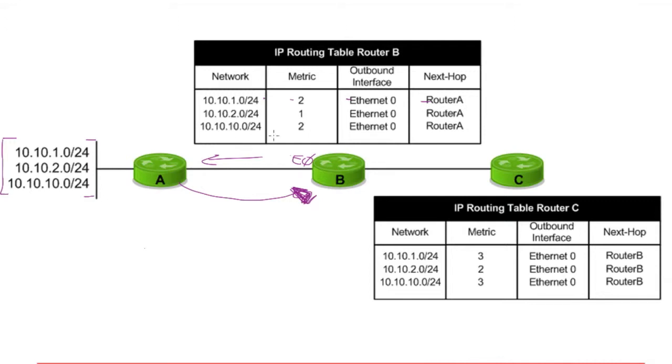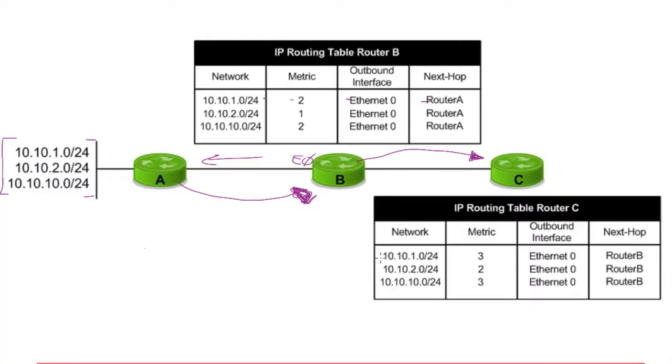Under normal circumstances, B is going to send that same information to router C, who is going to do the exact same process of seeing the advertised distance from B, adding his cost to reach B, and then making that the feasible distance and choosing the smallest metric if he has multiple paths of reaching that same destination. We can see here the routing table for router C is the same thing.